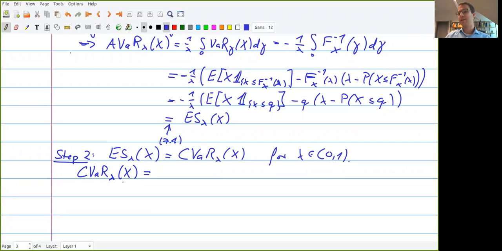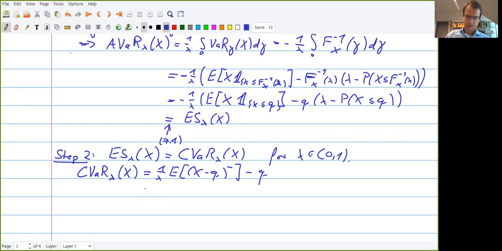So let's calculate. As I promised, this is not a very long calculation. What is the conditional VaR at level lambda of x? Well, by definition this is 1 over lambda multiplied with the expected value of the negative part, so the expectation of the negative part of x minus q.